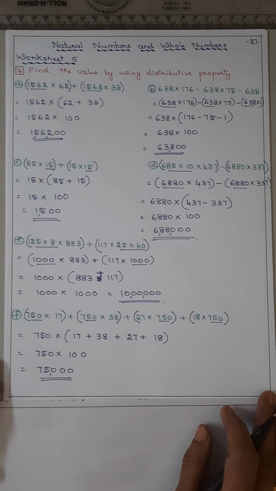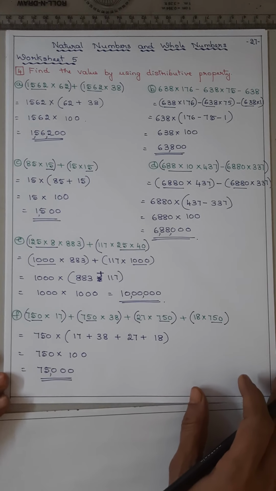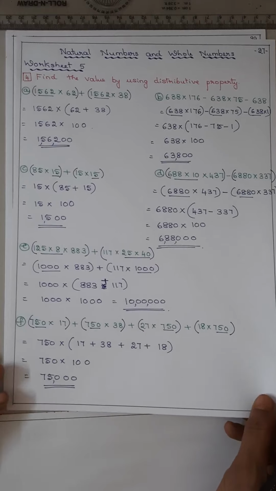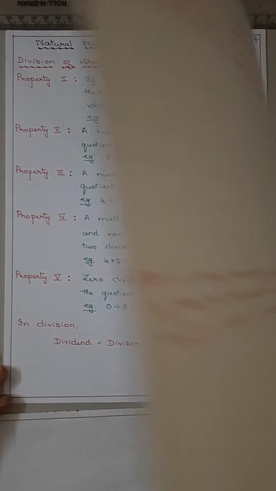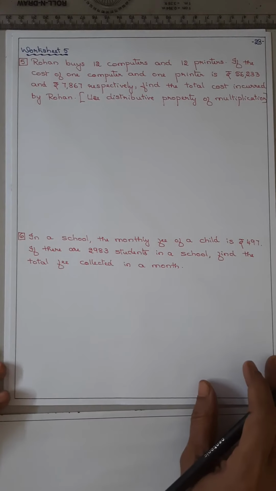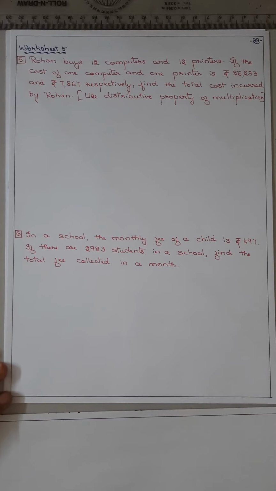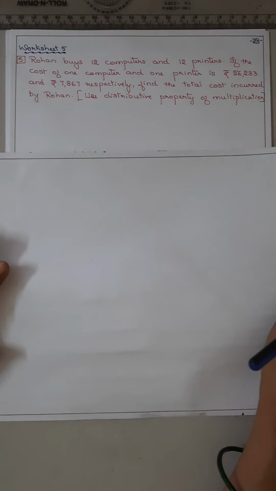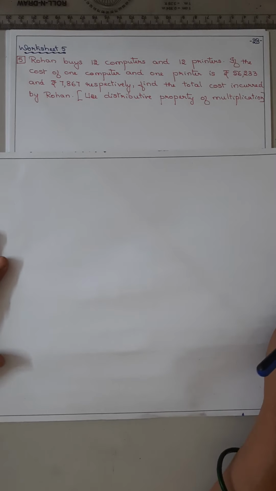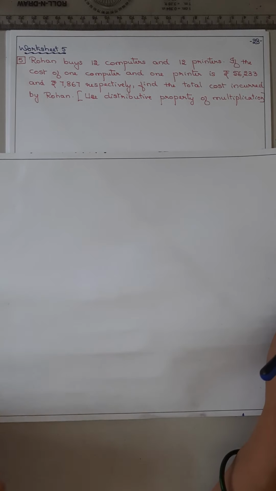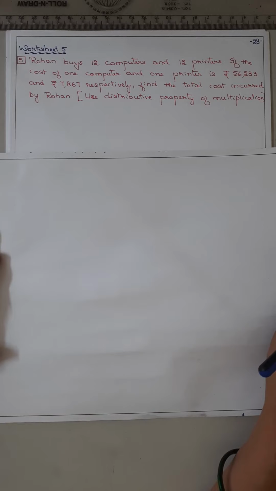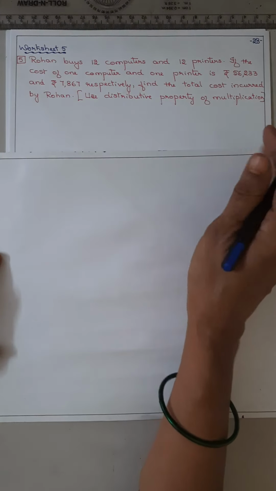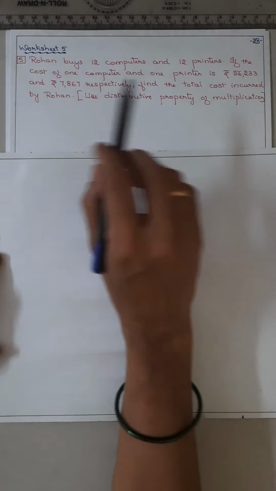Did you understand question number 4? It is using the distributive property. Now coming to worksheet 5, same worksheet, question number 5 and 6, that is a word problem. You have done word problems earlier, but here we have to use the distributive property of multiplication.